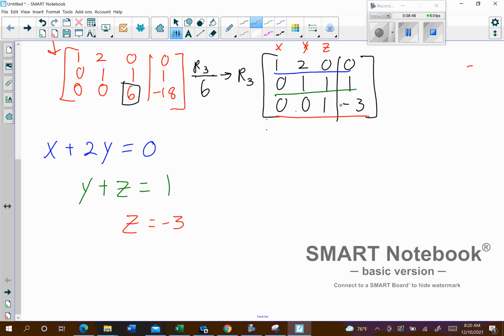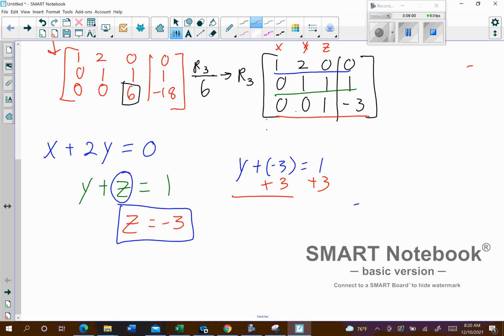And then what we do is we know what z is, so now we'll plug it in here and figure out that y plus z, which is negative 3, equals 1. So then we're going to add 3 to both sides, and we figure out that y equals 4. And then now that you know z and y, well, I guess I just need to know y to figure out x.